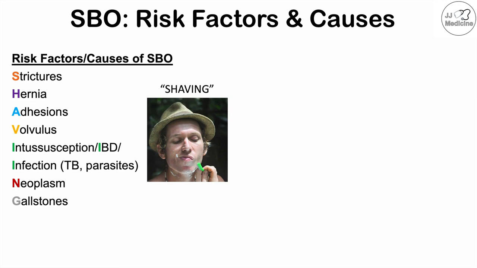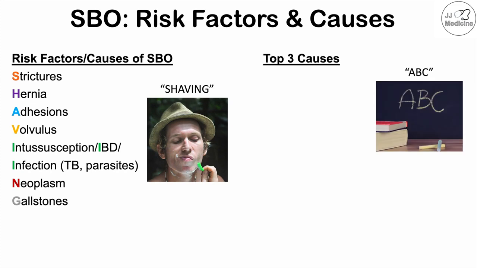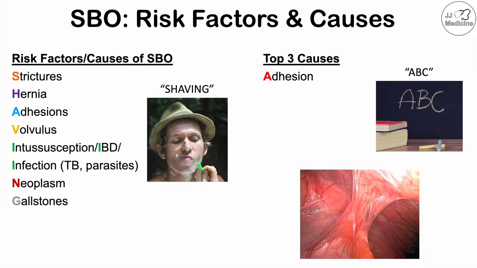Now there's another mnemonic that can be used to remember the top three causes of a small bowel obstruction. And this mnemonic is ABC. So the first one is adhesion. So A for adhesion. This is actually the most common cause of small bowel obstruction, particularly in those who have had a prior history of abdominal surgeries. So this is what an adhesion looks like.